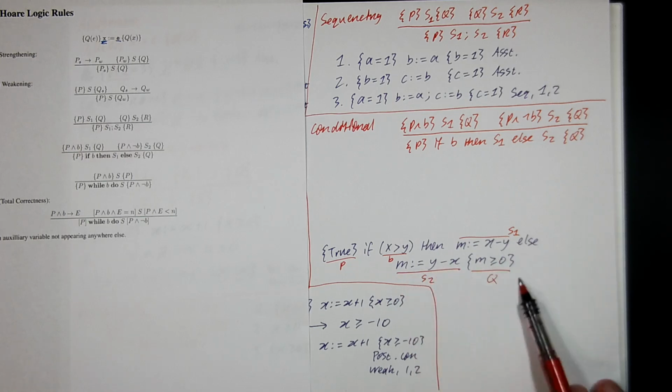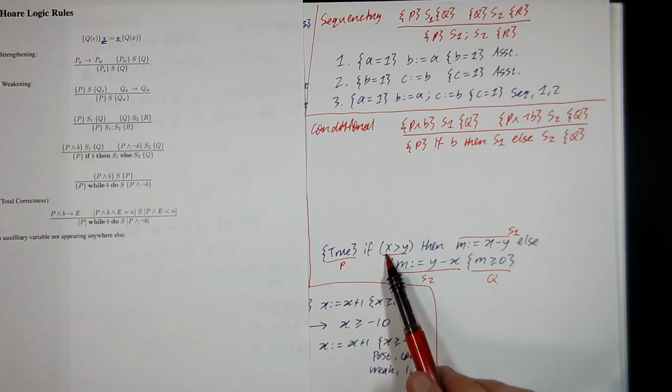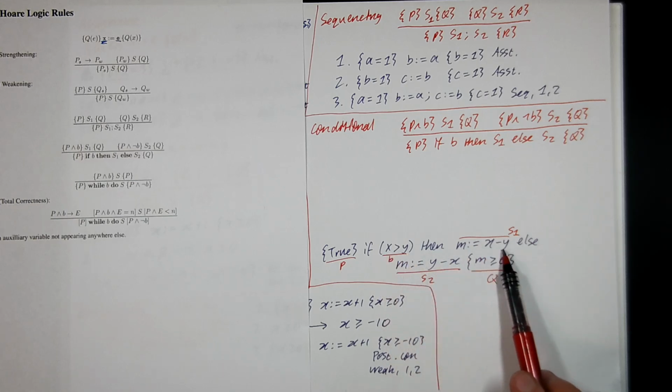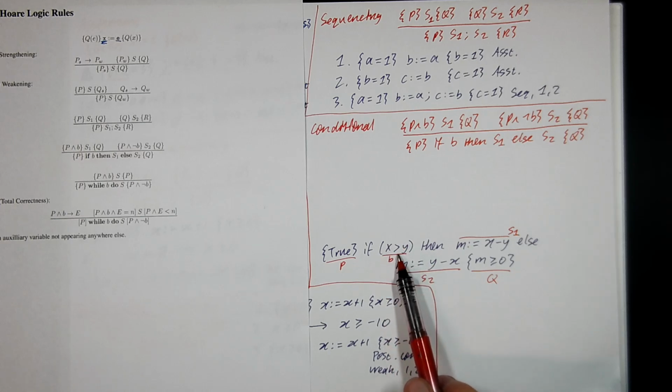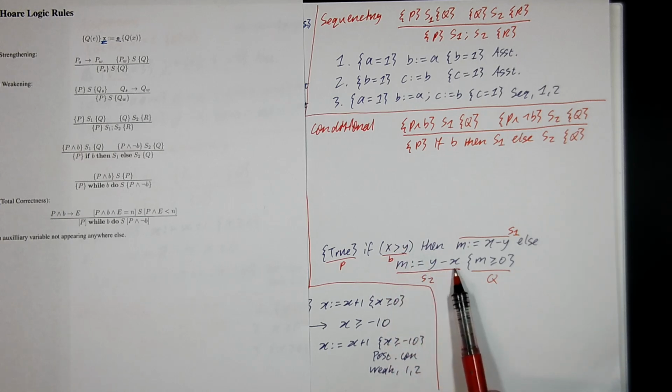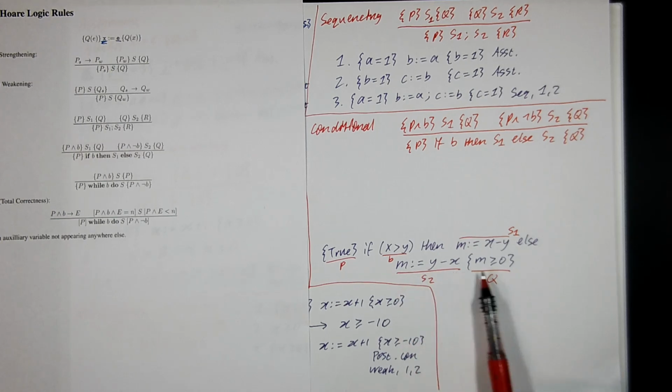We want afterwards that m is greater than or equal to 0. Which makes sense, right? If x is strictly greater than y, x take y should be positive. Otherwise, if this is false, then y is the bigger number, then y take x should still be, when I said positive, I really should say non-negative. Y take x should still be non-negative, therefore m ought to be greater than or equal to 0.